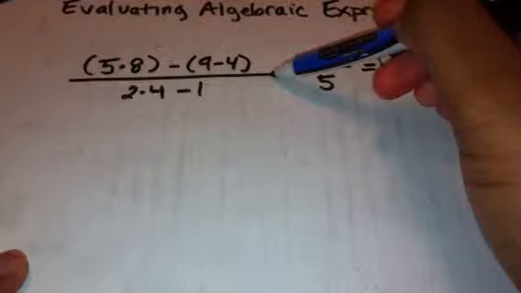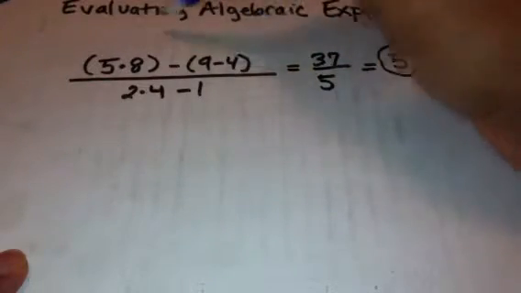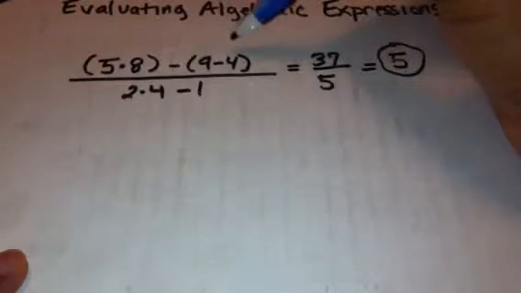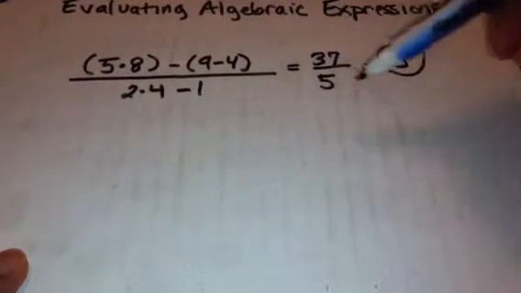Basically, we had a fraction line and we had some stuff going on up here that had multiplication and subtraction inside of parentheses. Now, as we know, grouping symbols are said to come first.